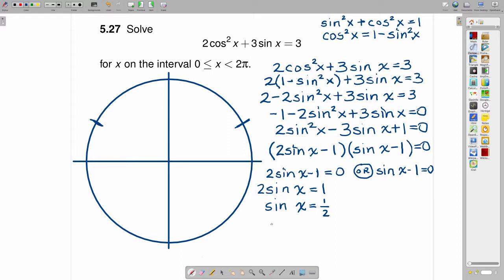So if we were to label those, and we'll do these in radians, the first angle is pi over 6. That satisfies that equation. The second angle is x equals 5 pi over 6. So there's two positions, this point right here and this point right here, where the sine of x is equal to 1/2.